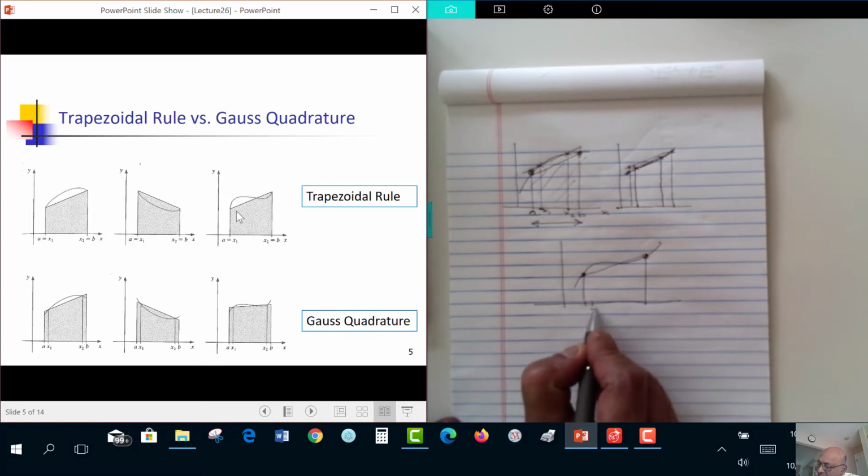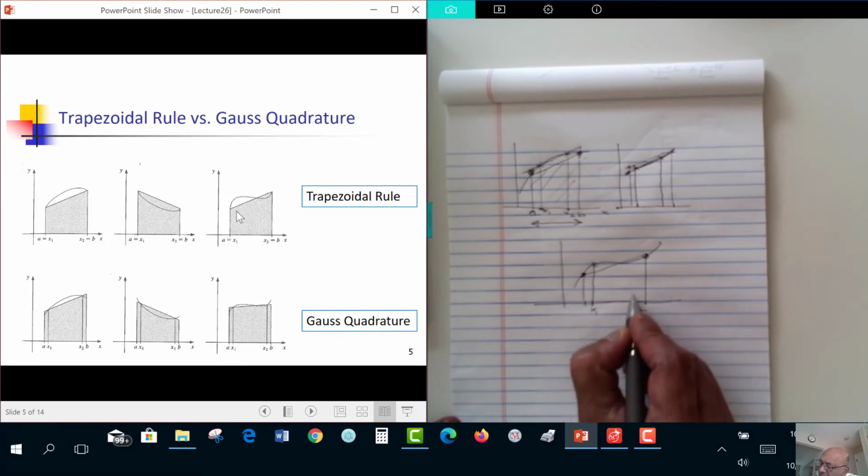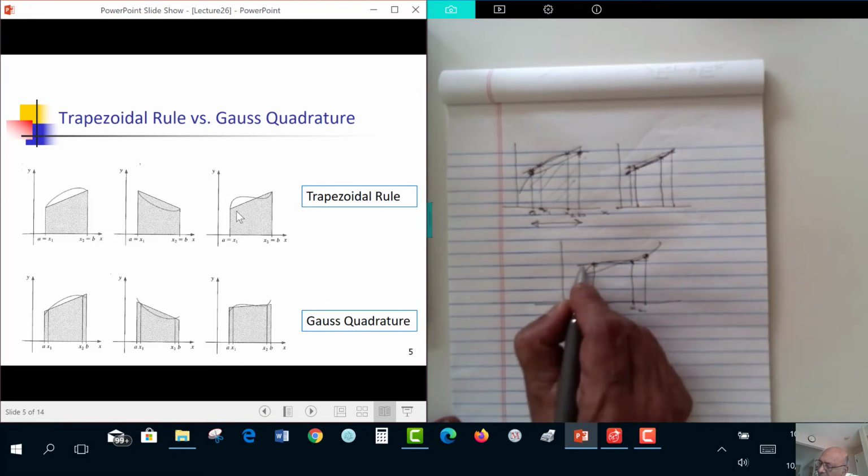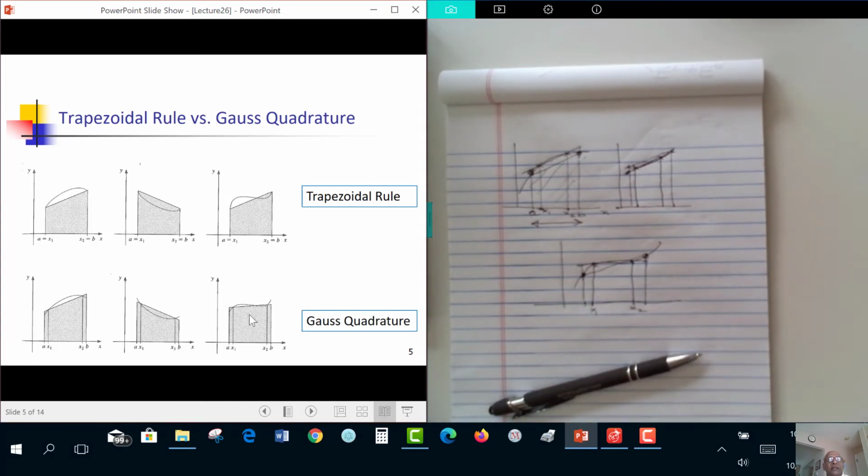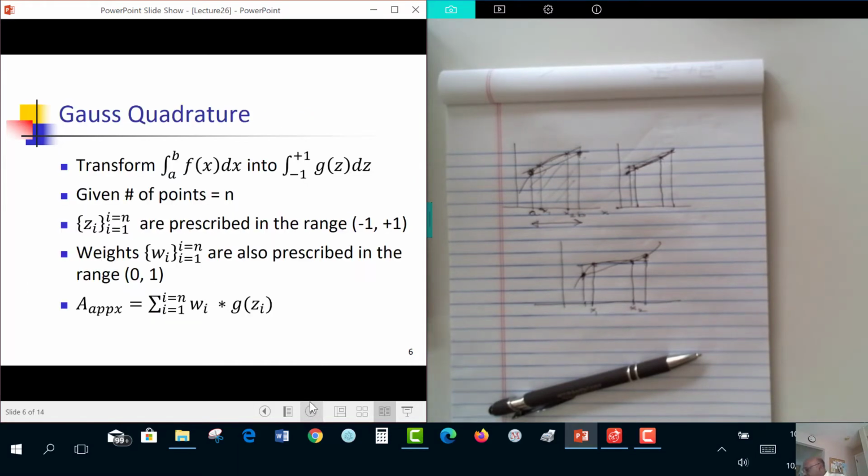Same thing, I do x1, x2, evaluate the function, build my trapezoid, and you can see in this diagram here, the Gauss is doing a much tinier overestimation than the trapezoidal rule's underestimation. So the key idea here is, if you allow me to choose my own nodes, Gauss quadrature does a better estimation. So let's see how this works.